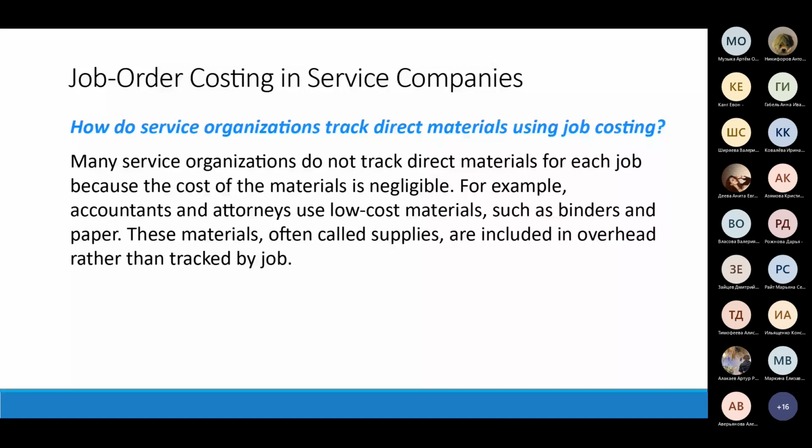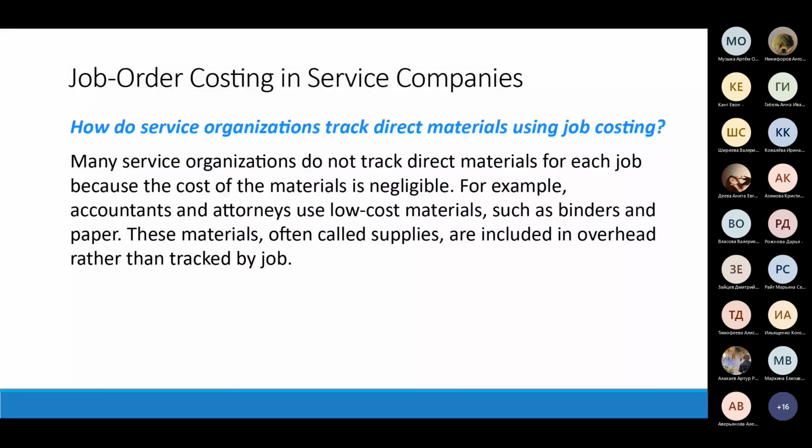So it's not so directly traced, and therefore we cannot associate the cost of a sheet of paper to a specified job, because we don't know how many sheets we need to complete the accounting consultancy, or how many, I don't know, computer hours we need to complete the specified job.